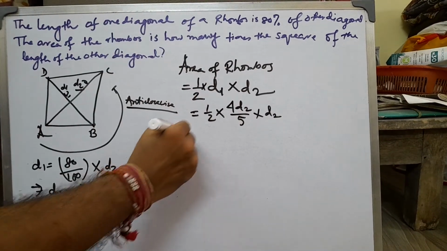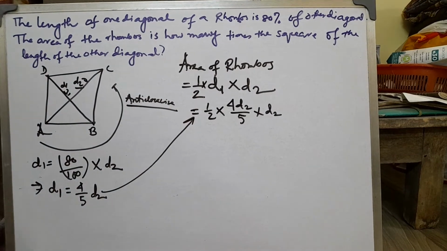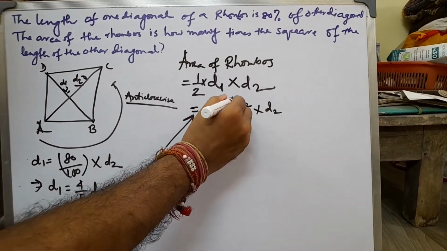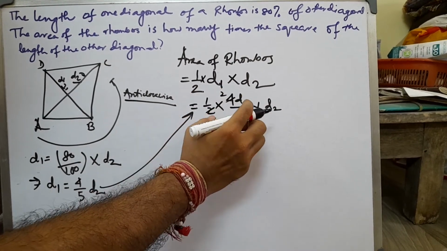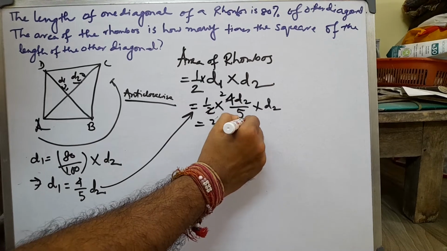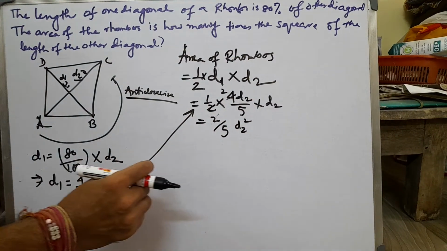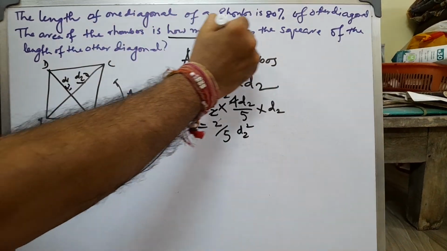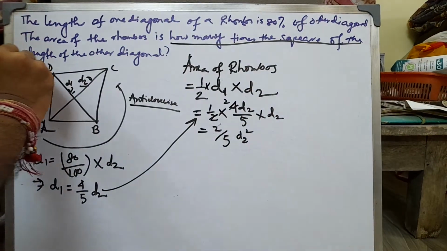The value comes from here. So 2 by 5 D2 square.